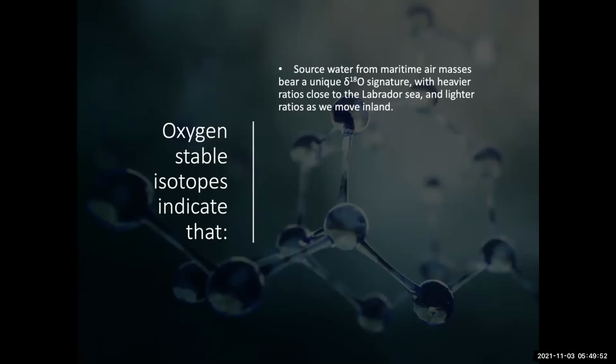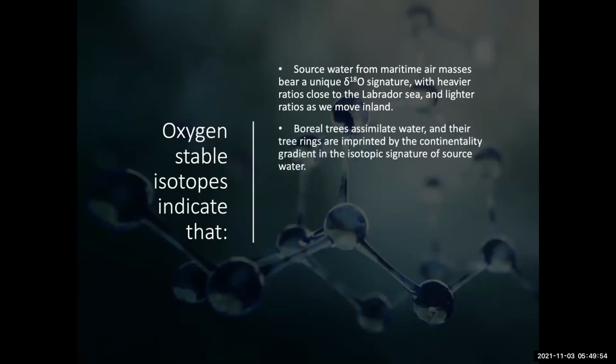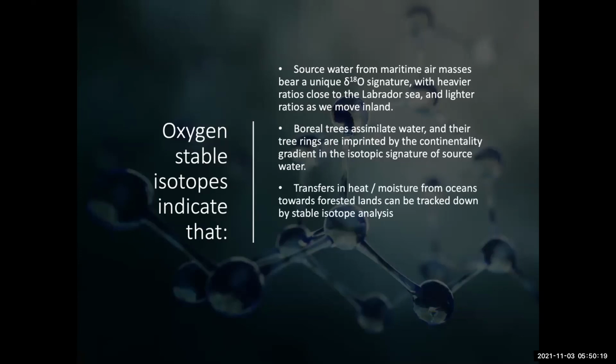So this is an imprint from maritime connection. Then boreal trees will assimilate water, and their tree rings will be imprinted by the continentality gradient that is also visible in the isotopic signature of source water. So it's not only affecting precipitation, it's integrated within the wood, and we can extract this afterwards.